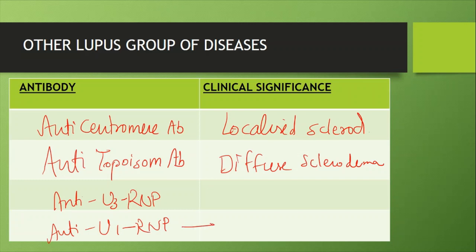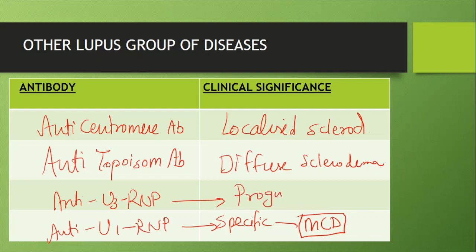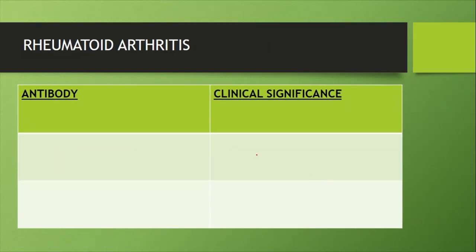So remember, U1 RNP is specific antibody for mixed connective tissue disorders, whereas U3 RNP is having prognostic role in systemic sclerosis. So if a patient of systemic sclerosis comes, the titer of anti-U3 RNP antibodies will decide whether the prognosis is good or bad.